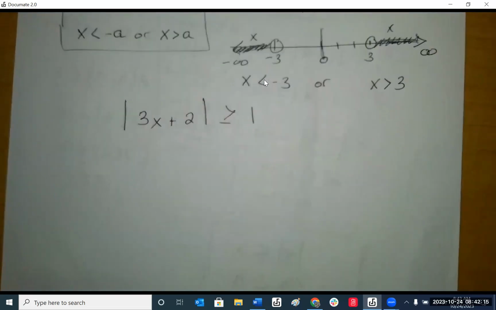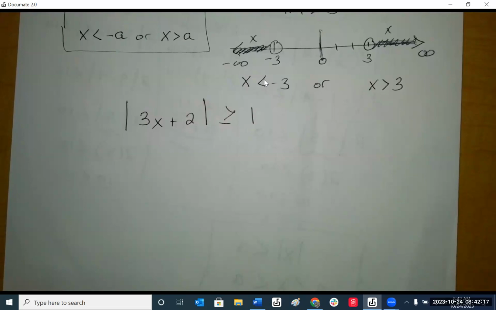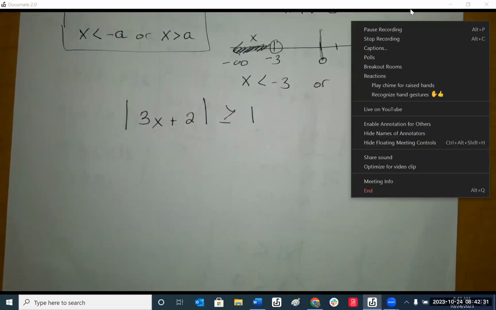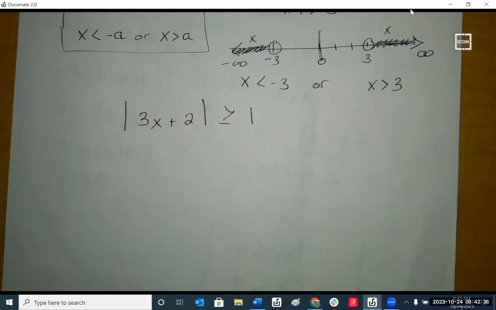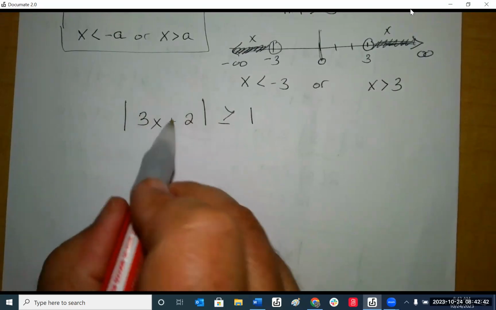Let's see that one. Okay, the absolute value is isolated.